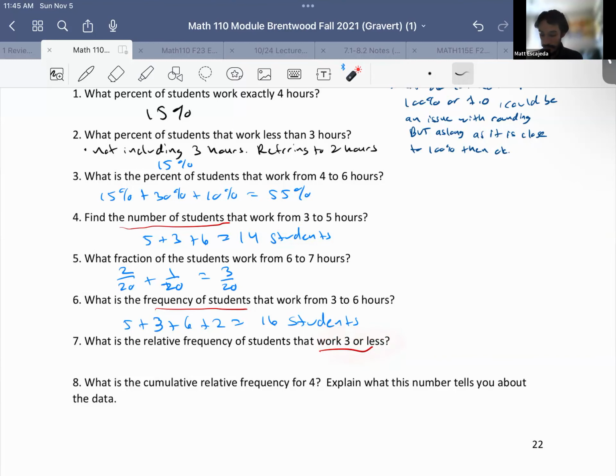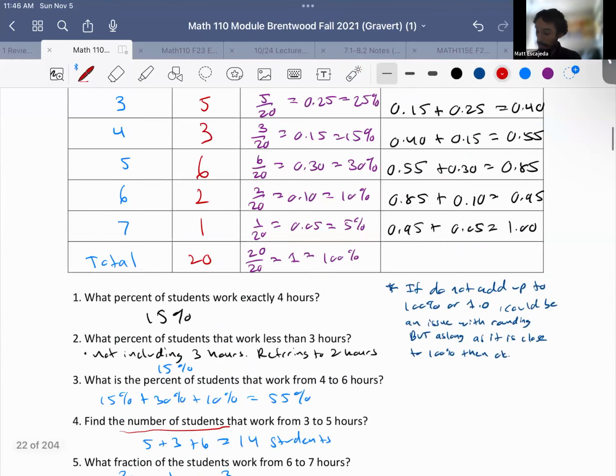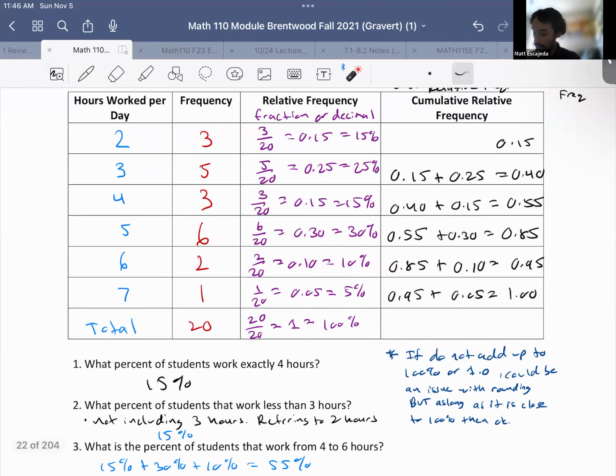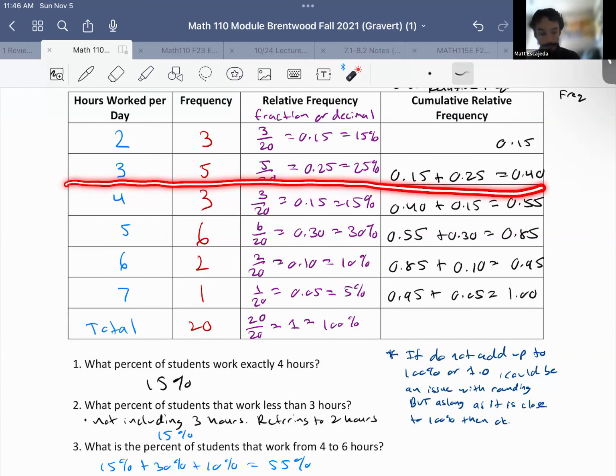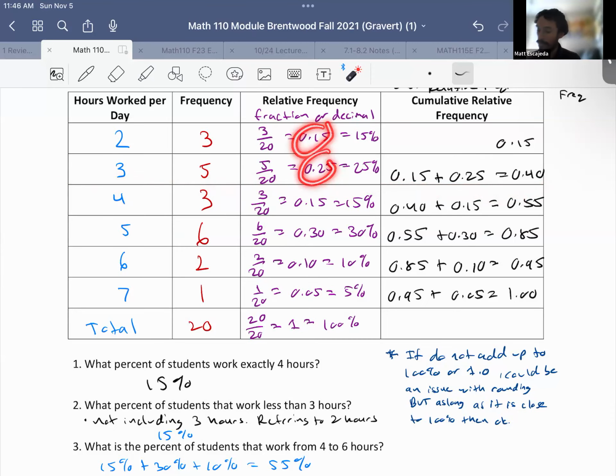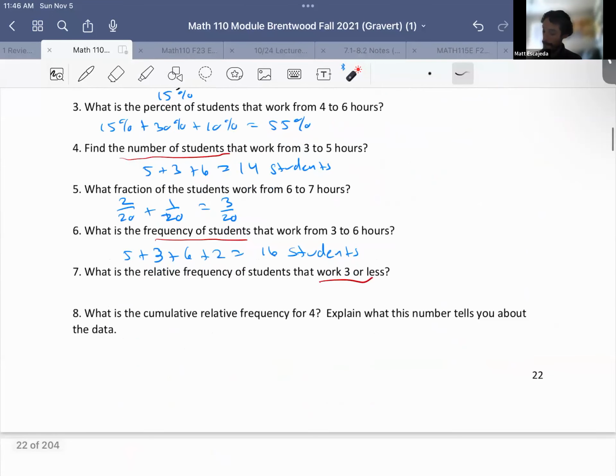Okay, so we're including 3 and we're looking at the last one, it would just be 3 and less, and that's just this right here. Okay, so we're looking at relative frequency, so we can use decimals, so it'd be 0.25 plus 0.15. So you would have 0.15 plus 0.25, that's just 0.40.